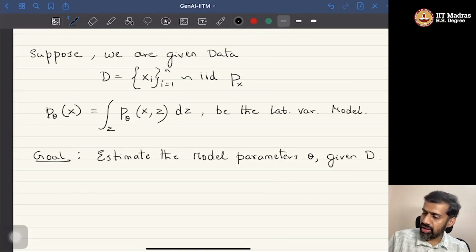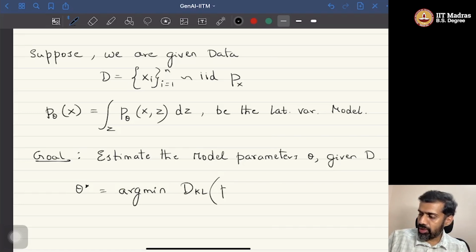Now how do we estimate theta? We have the usual framework of finding theta by minimizing the distributional divergence metric. So minimize the KL divergence between Px and P theta with respect to theta.